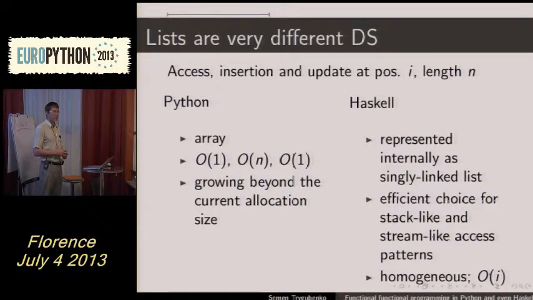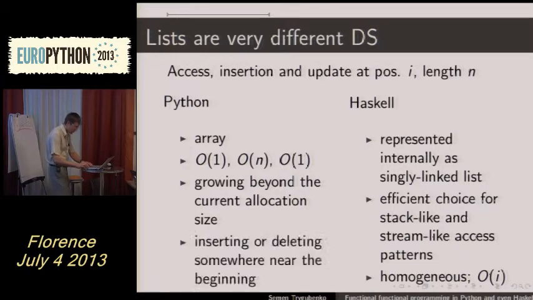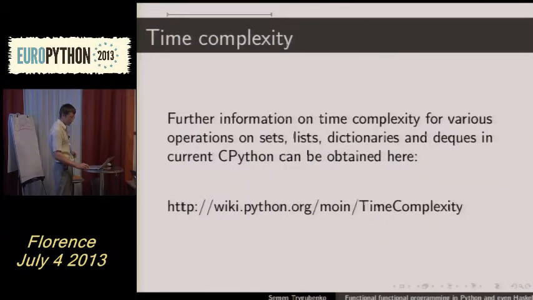We have a question. What about removal of the object? You can remove one of the list elements. So removal, I think, is possibly constant time, but on this URL, which is on the slide after the next one, you can see exactly the asymptotic complexity of all the operations.